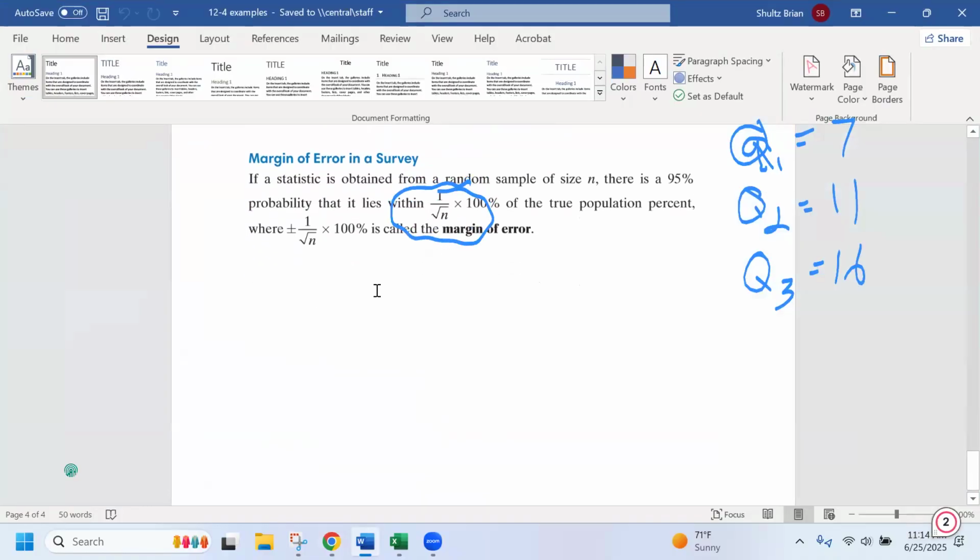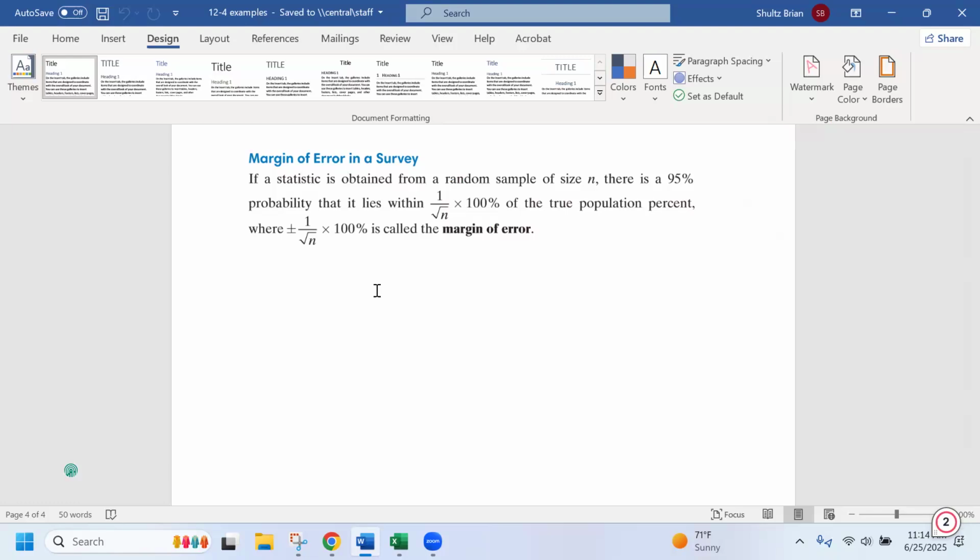The last thing we're going to do is called the margin of error in a survey. If a statistic is obtained from a random sample of size n, there's a 95% probability that it lies within 1 over the square root of n times 100% of the true population percent, where plus or minus 1 over the square root of n times 100 is called the margin of error.